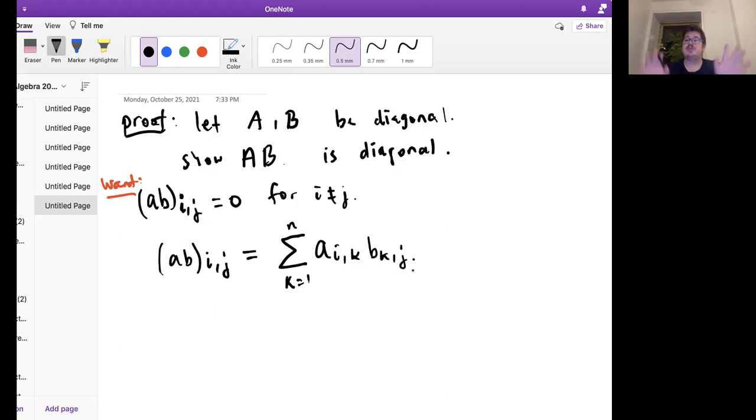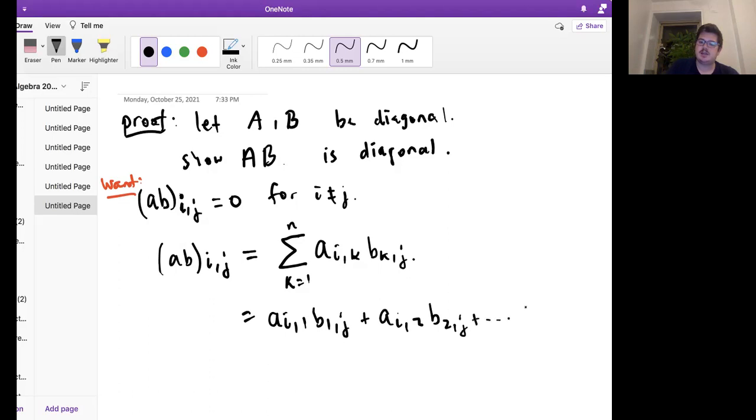So remember, A and B separately are diagonal. So look at that sum definition. There are a lot of zeros, right? So we can even write it out, right? So we have ai1 b1j plus ai2 b2j, and ain bnj.